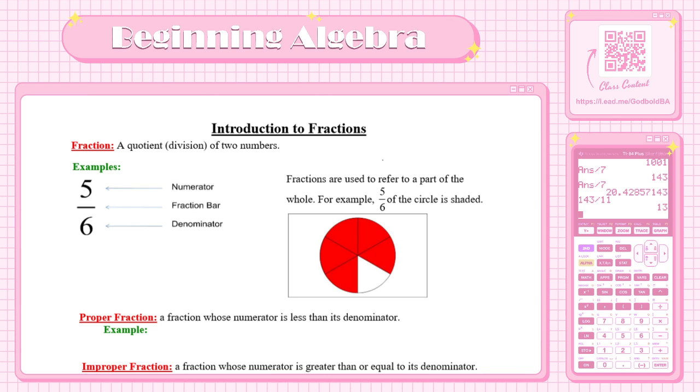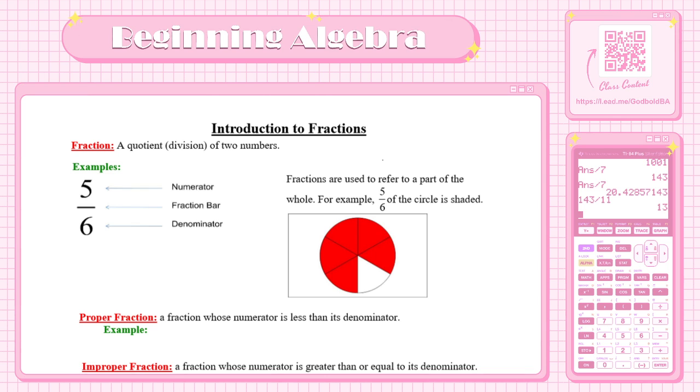That's probably the last time you will ever hear me say fraction bar. I might just call it the line or the bar. The important words in that little diagram are numerator and denominator.